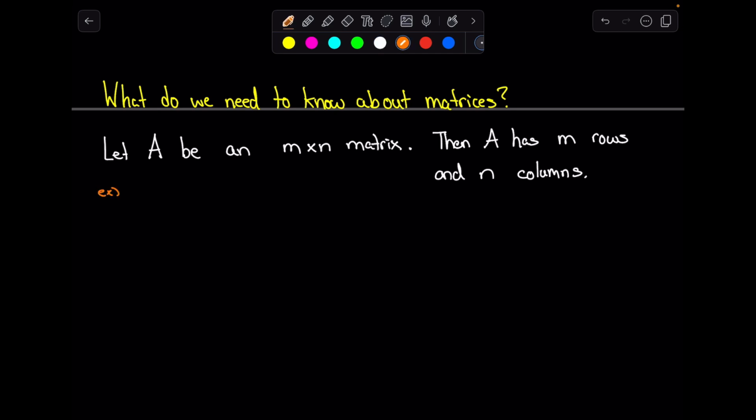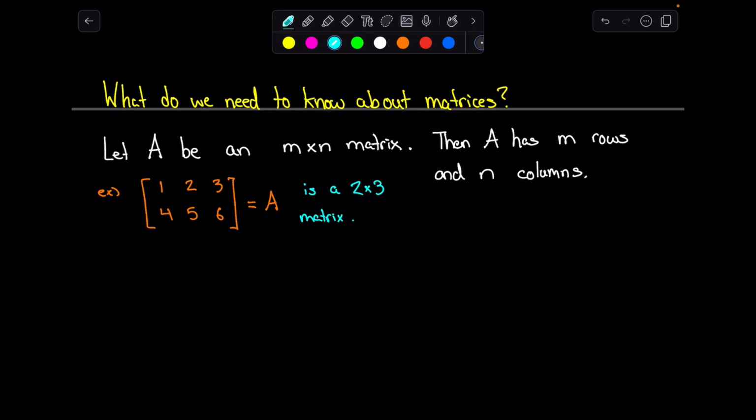So, for instance, the matrix 1, 2, 3, 4, 5, 6, right? If this is our matrix A, then we might say this is a 2 by 3 matrix, right? It has 2 rows and 3 very clear columns.